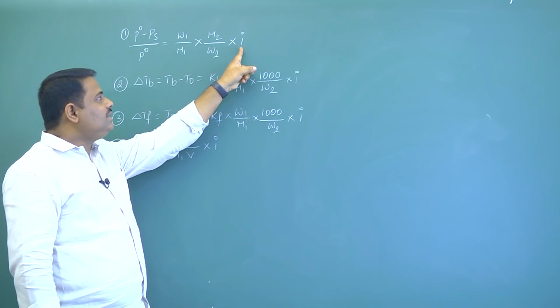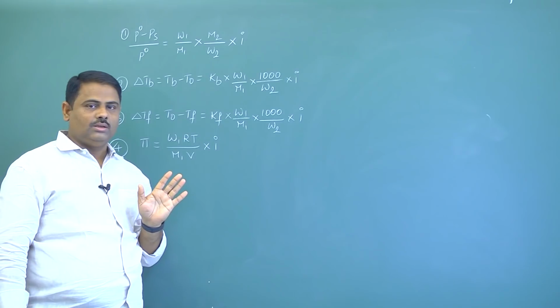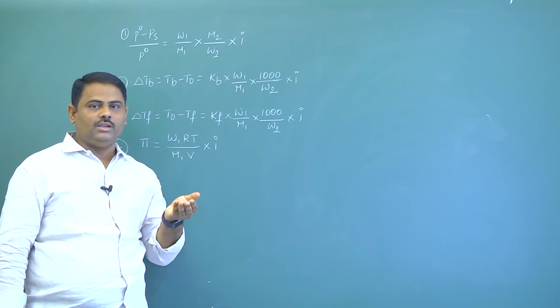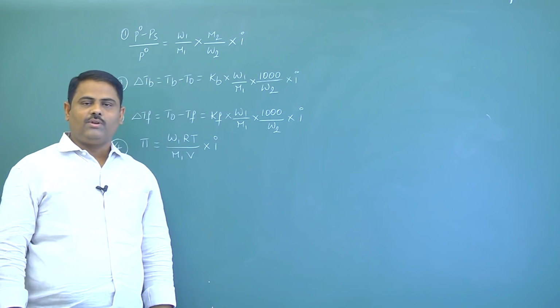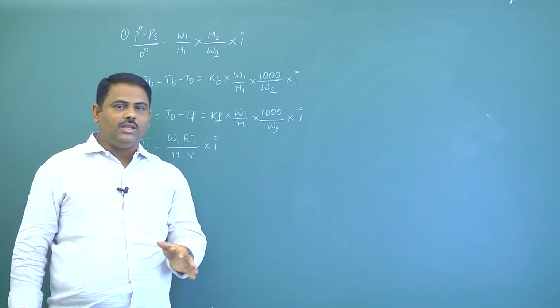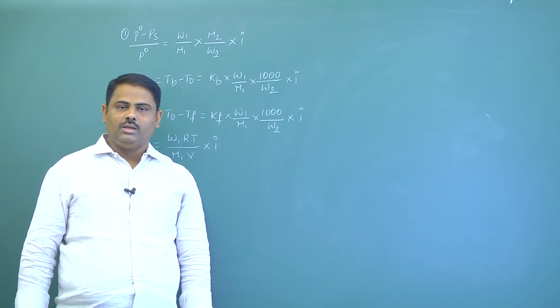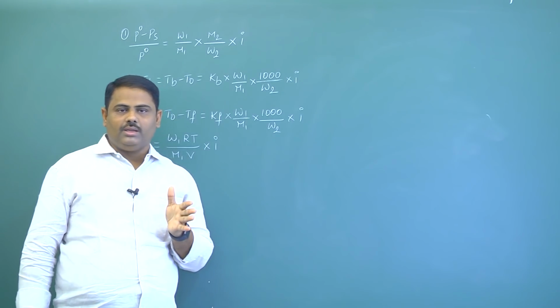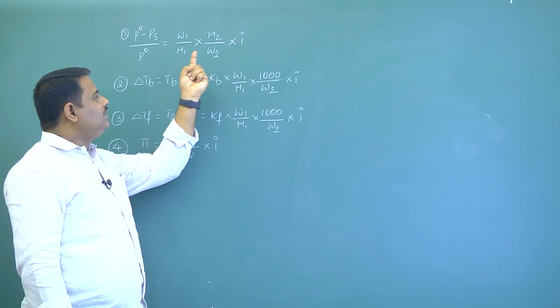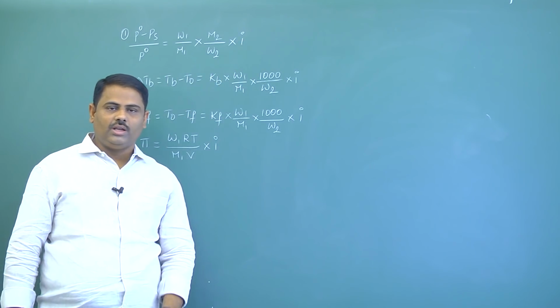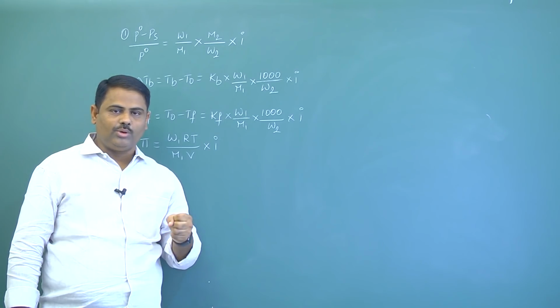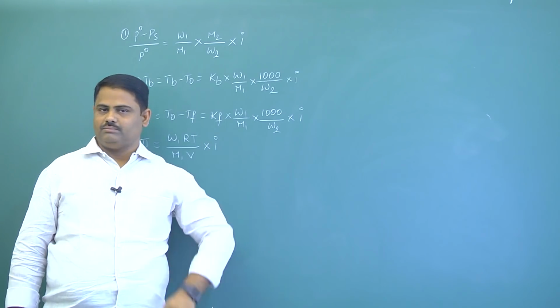That's why I is equal to 1, and there is no change in the value of the colligative property. So from here onwards, while writing any colligative property, you need to multiply it with the Van't Hoff factor. Then only we will get the original value of the colligative property.